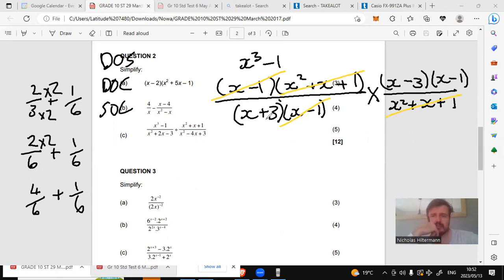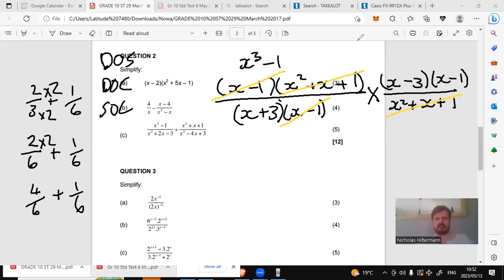This is a trick. You think that the x plus 3 factorizes will cancel it, but it doesn't. Because x minus 3 definitely gives us x squared minus 4x on the top. And the x plus 2x factorizes, it's definitely x plus 3 because we need plus 2x.